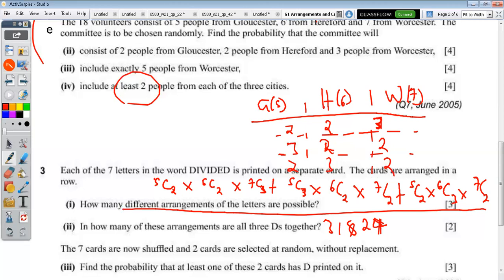It gives you 175 over 442. Okay, are we together? Yes, sir.